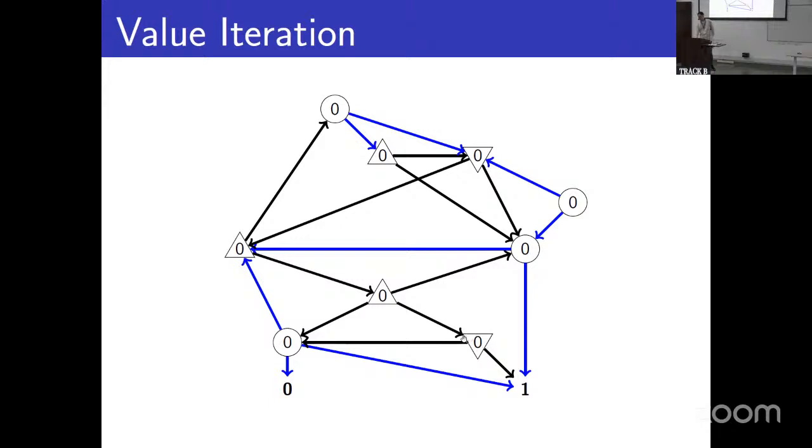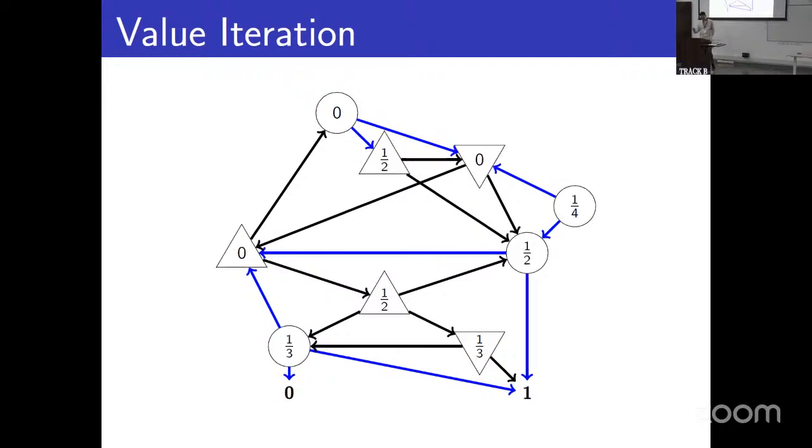This is the minimizer; he chooses the minimum of the things he sees, so he chooses the minimum between 1 and 0. So we get 1 from here, 1/2 here in the first step, and then we update again. Now the maximizer sees 1/3 and 1/2, so he updates himself to 1. No, sorry, 1/2 obviously. And then eventually, if we run it long enough, we will get to the true values.